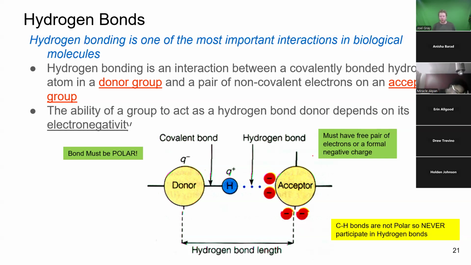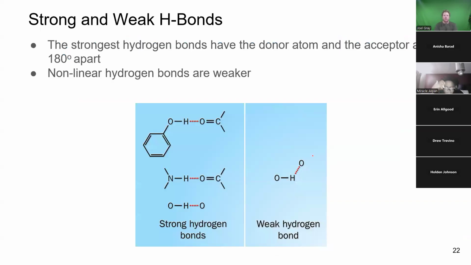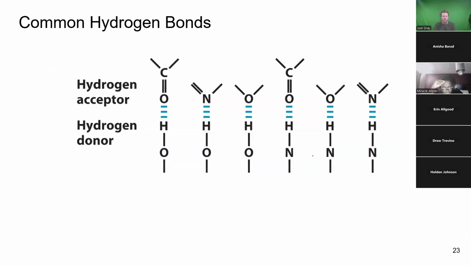Give me a number if that is correct or a letter if that is incorrect. If you have a hydrogen, that does not mean that you've got a hydrogen bond. More times than not, when you see a hydrogen, it's bound to a carbon, and that's going to be a covalent bond.